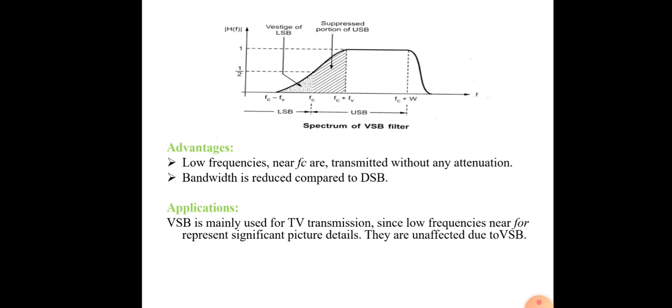And then, where do we use the VSBSC signal? Here, the TV transmission. The main use is TV transmission. In TV transmission we use the VSB modulator and the VSB demodulator. VSBSC is mainly used for TV transmission since low frequencies near fc represent the significant picture details, so they are unaffected due to VSB.